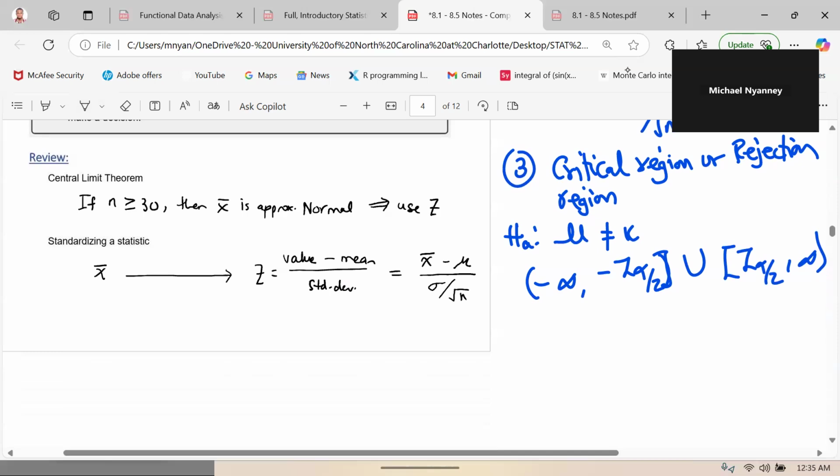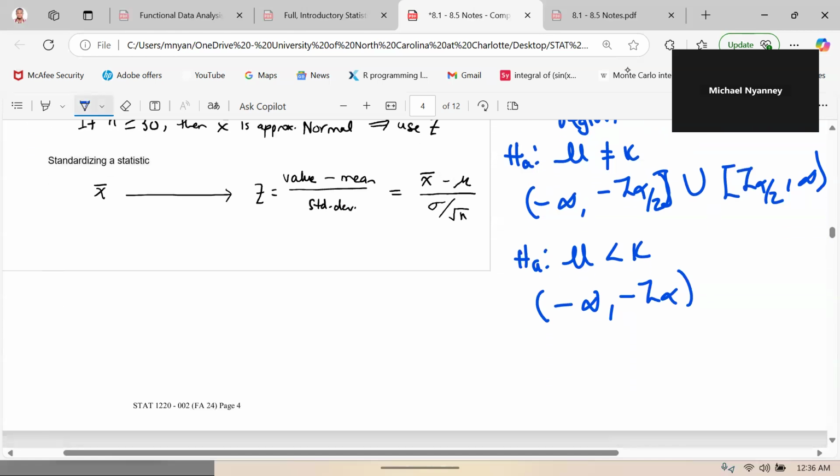And in case the HA has less than some value K, then we are going to the left. So we focus only on this part. For this one, we don't divide the alpha by 2. We are only focused on one direction.